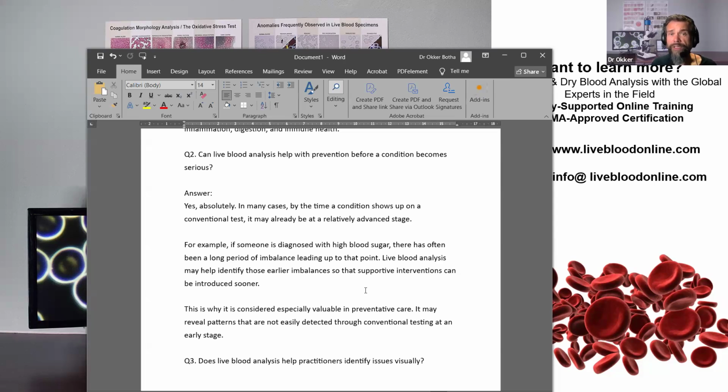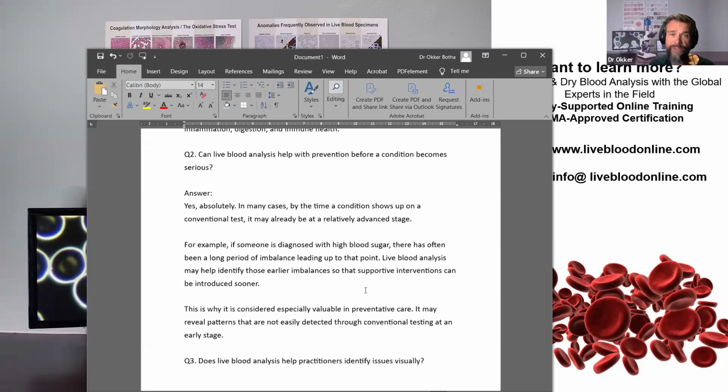Something else to mention, with regard to what can be detected with live blood analysis, is to clarify that it isn't used as a medical diagnostic test. We're not able to diagnose medical conditions based on what we're seeing. There are certain red flags that would show up that would raise suspicion of some underlying medical condition.